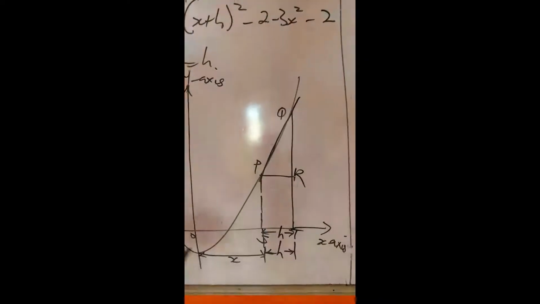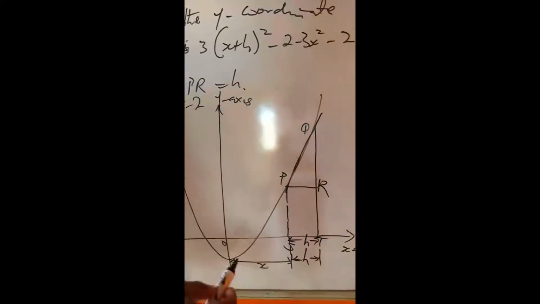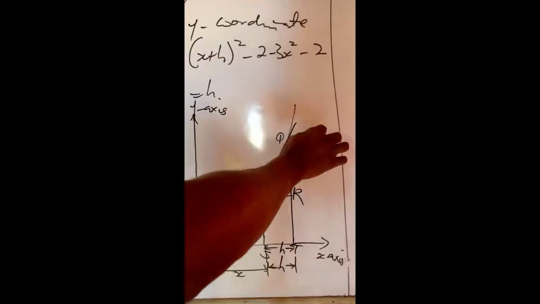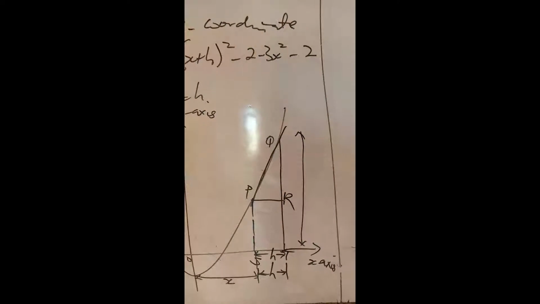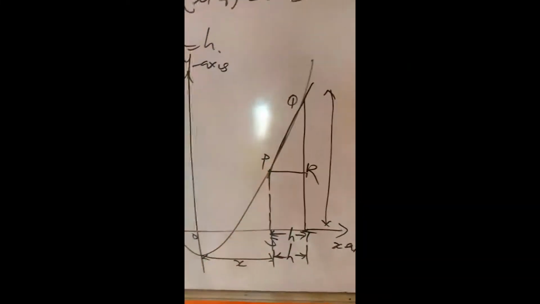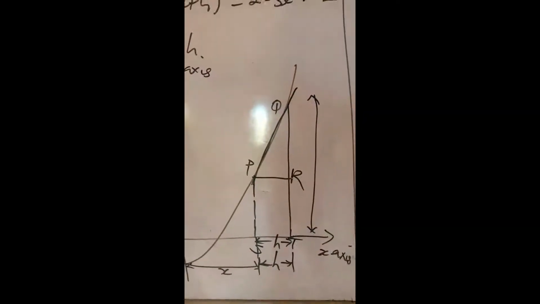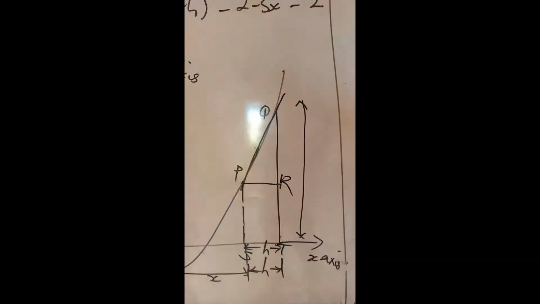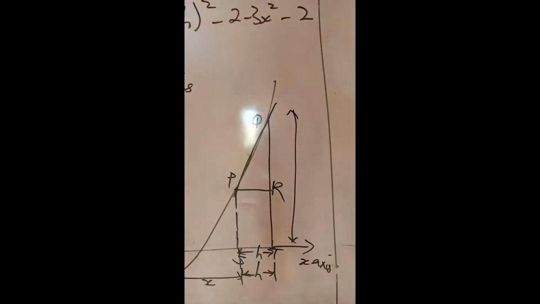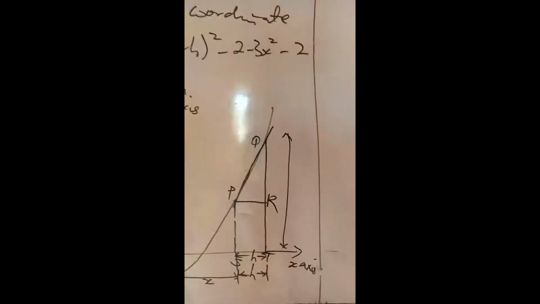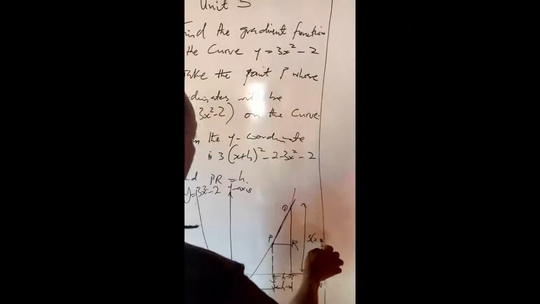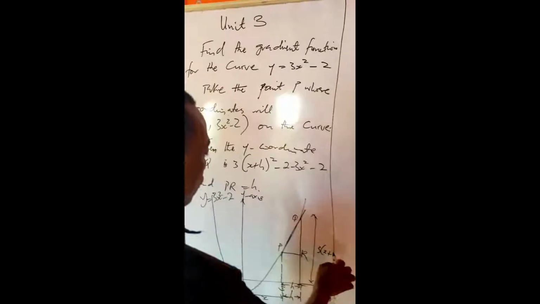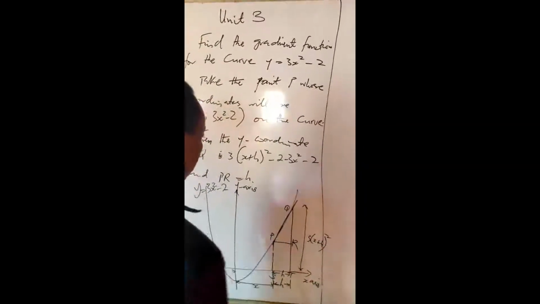So if we know that from here to here is simply 3 into x plus h, we are saying now that it is equal to 3 into x plus h all squared.